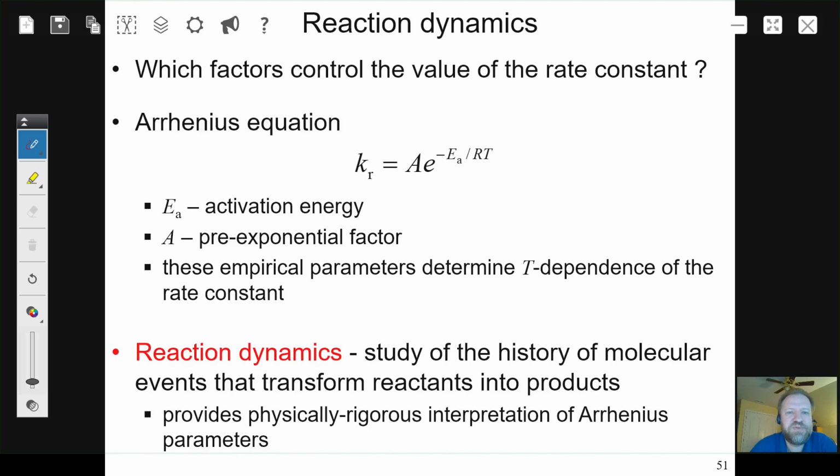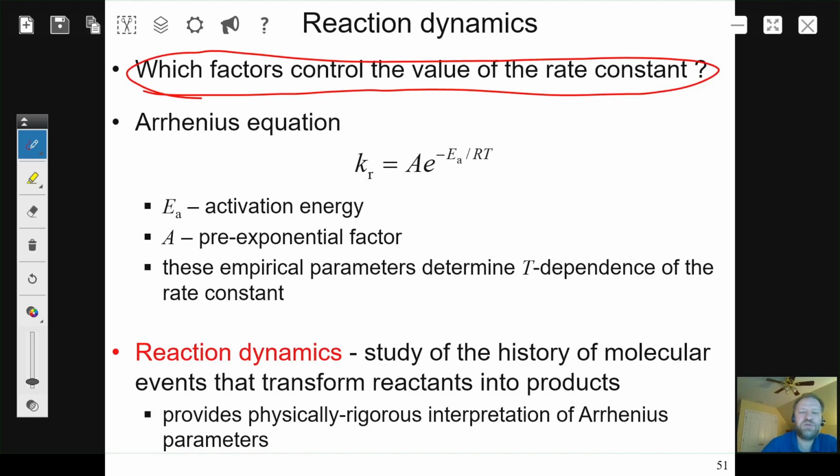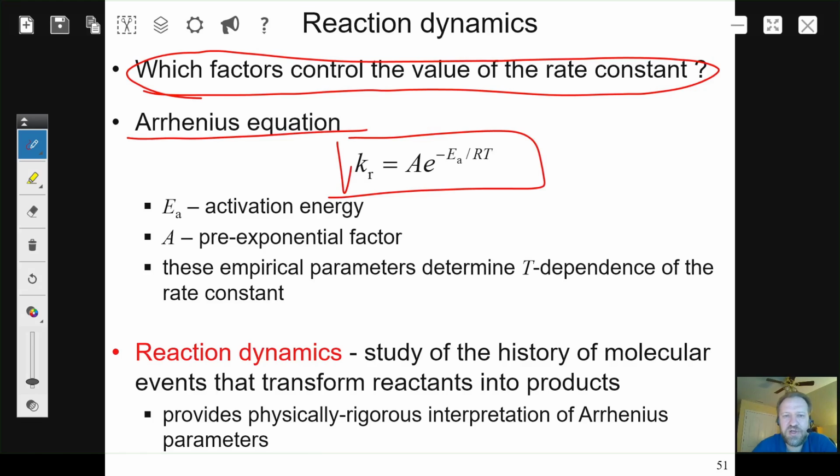Now the question, of course, is which factors control the value of the rate constant? In order to answer this question, we need to investigate our Arrhenius equation, and it is convenient to use the exponential form of this equation that shows that the rate constant is directly proportional to the pre-exponential factor or frequency factor A, and then depends exponentially on the temperature through the activation energy.